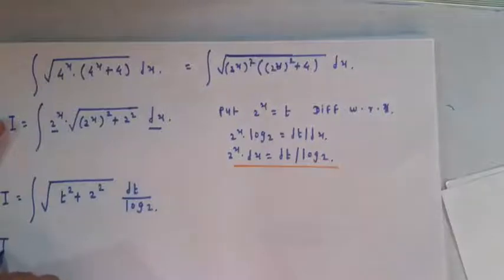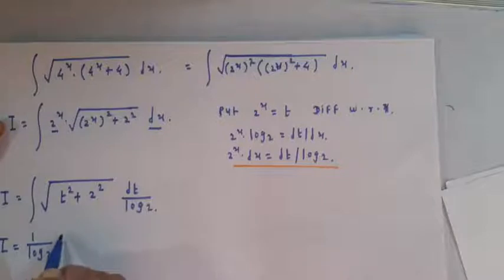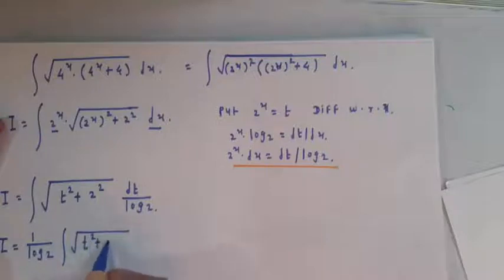Now the integration is equal to 1 upon log of 2, which we can take outside the integration because it is a constant term, and now the integration of square root of t square plus 2 square with respect to t.